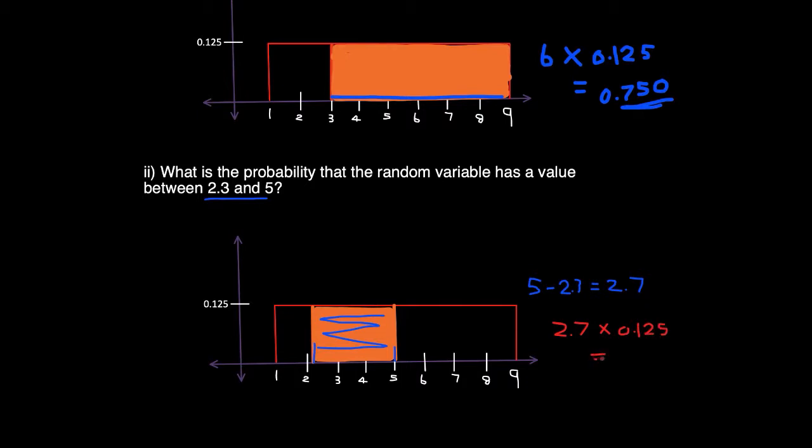This equal 0.3375. It means probability between 2.3 and 5 is 0.3375.